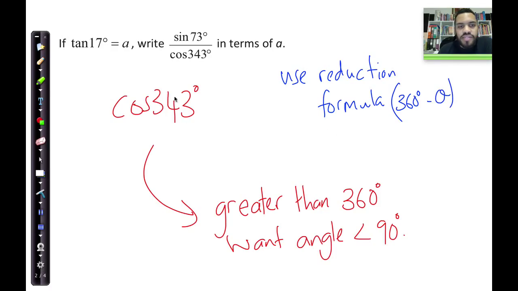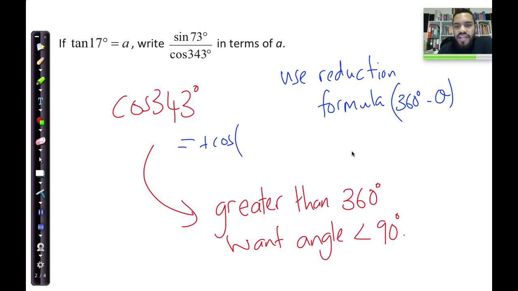There are 3 steps to using the reduction formulae. I first need to check the quadrant. It's in the fourth quadrant, so cos is positive. So that's equal to positive cos, and then it's going to be 360 degrees minus theta, and I have to solve for theta.